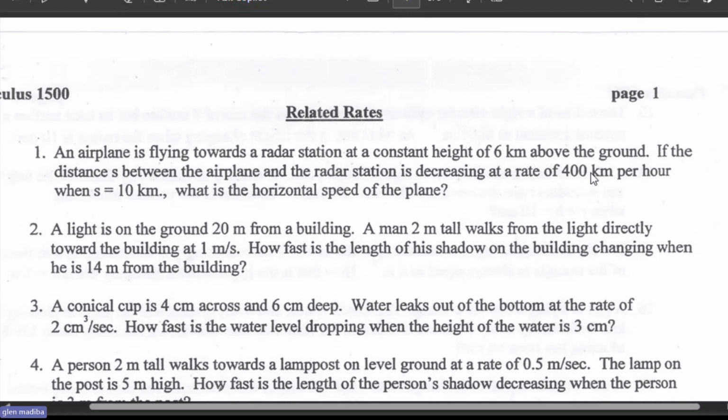Do we agree? Yes, sir. Okay. Now, let me repeat. You and I agree that dy over dt is 0 because y is 6. Therefore, dy over dt is 0. And then you and I agree that ds over dt equals minus 400 kilometers per hour. And then you and I agree that these people are looking for dx over dt.